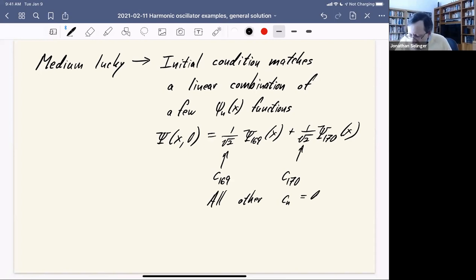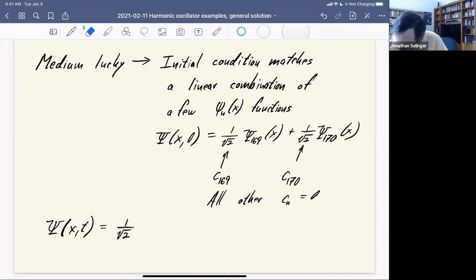So it's not quite as simple as the last case, but it's still pretty simple. And then you know what happens in the future. So psi of x and time t is going to be 1 over root 2, let's see, oh, here I wrote uppercase psi. I meant to write lowercase psi there because those are the time independent things.